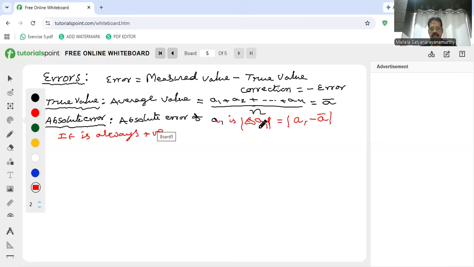Absolute error of A1 is delta A1, which is equal to mod of measured value minus true value, that is, mod of A1 minus true value. This is absolute. It is always positive. Remember, absolute error is always positive.